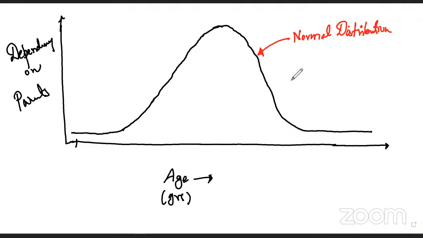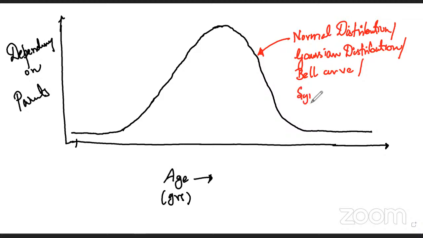It has a lot of other names. We call it normal distribution. We call it Gaussian distribution. Normal distribution and Gaussian distribution are both the same. Or we call it a bell curve, an inverted bell, and it is also symmetric.